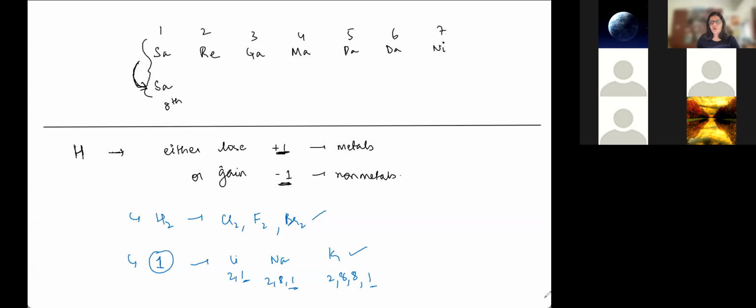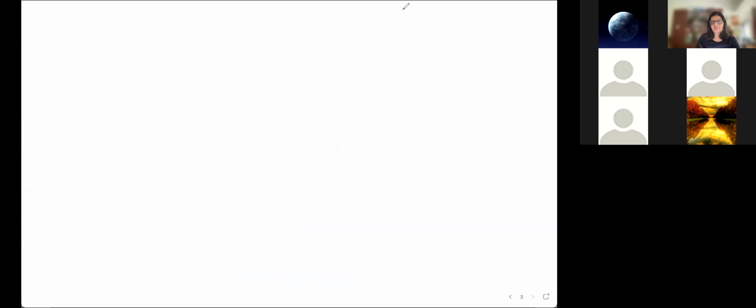So the modern periodic table was created by the scientist called Henry Moseley. And he created it after the discovery of the structure of the atom.